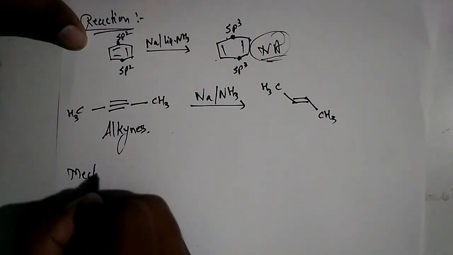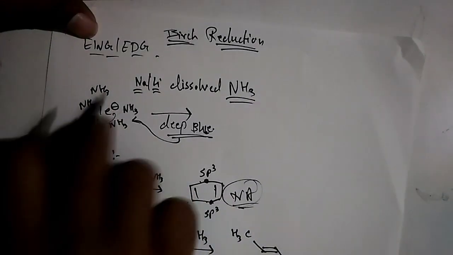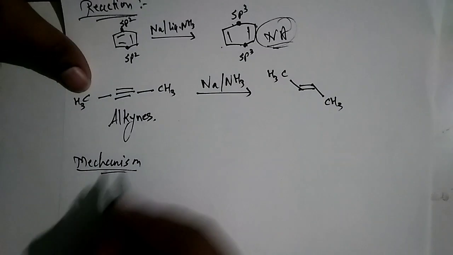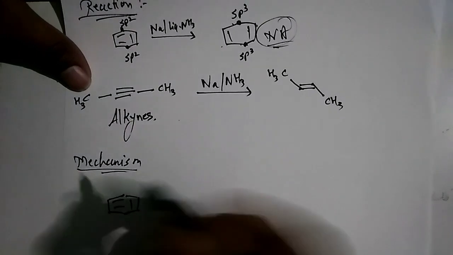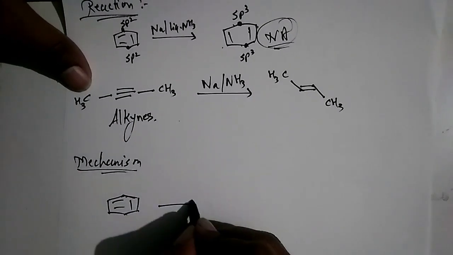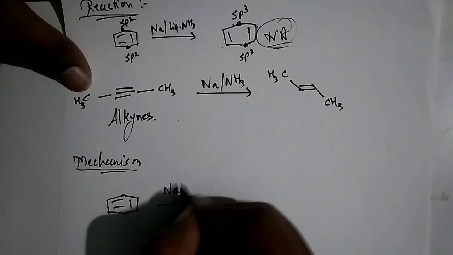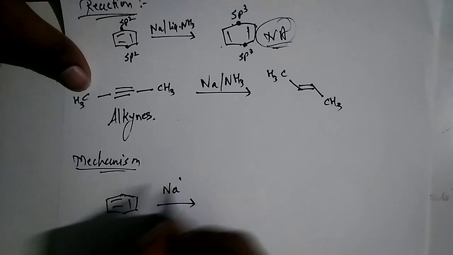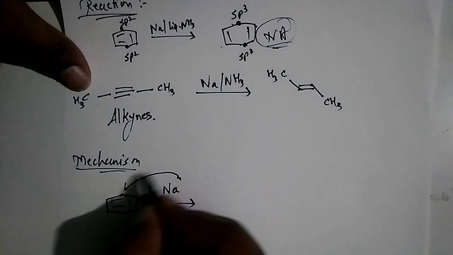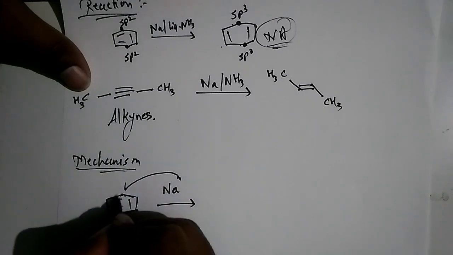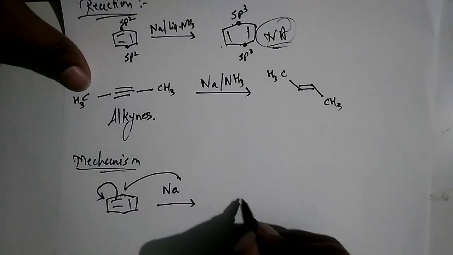In the mechanism, as we discussed above, these electrons play an important role. Let's see the mechanism with benzene only. Here we have the electron of sodium. This electron is transferred to one of the carbons, and the pair of electrons, which is the bond, shifts to another carbon.